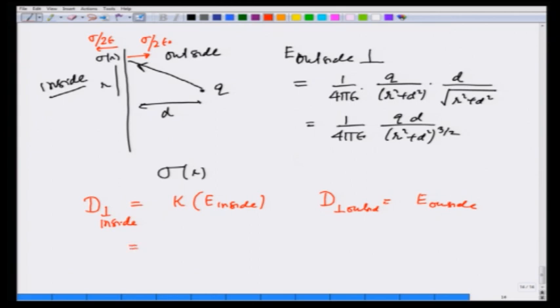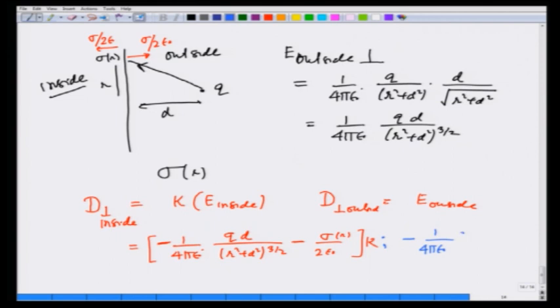So, this is going to be equal to 1 over 4 pi epsilon 0 q d over r square plus d square raised to 3 by 2 in the negative direction, in the same direction sigma over 2 epsilon 0 sigma r times k, and the right hand side is going to be minus 1 over 4 pi epsilon 0 q d over r square plus d square raised to 3 by 2 plus sigma over 2 epsilon 0.